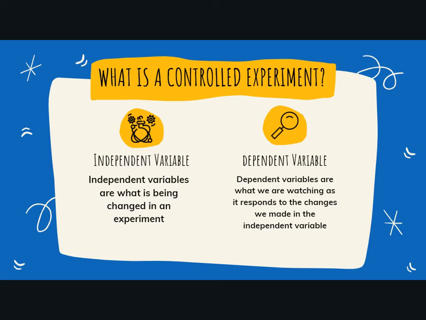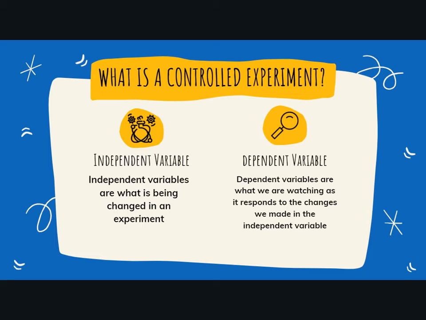The dependent variable responds to the changes we made in the independent variable. So if we're trying to see if a mouse likes one type of seed better than another type of seed, we're not watching the seed, we're watching the mouse. So the mouse's behavior is our dependent variable, and the independent variable is the seed that we are changing.